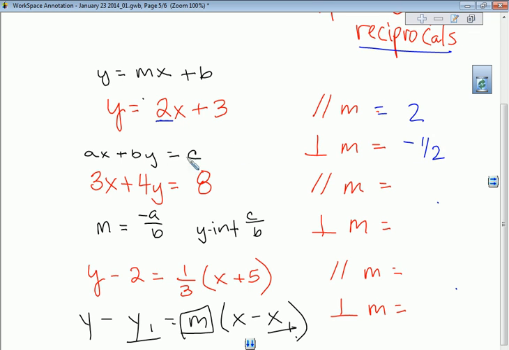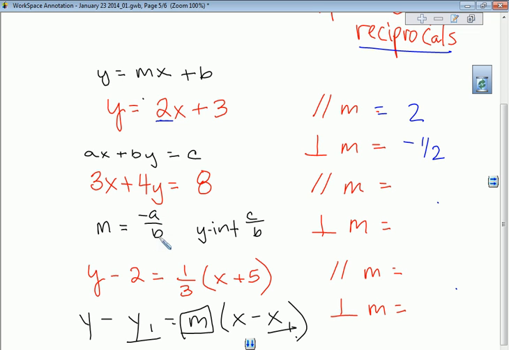All right, this is in standard or general form. So 3x plus 4y equals 8. Now, most of you just rewrite it in slope-intercept form, don't you? Yes. But did you know that the slope is always going to be the opposite of this divided by that? Because isn't that what happens when we move it into slope-intercept form? Yes. So some of you may have had a class where you memorize this, that the slope, when it's in standard form, is -a over b.